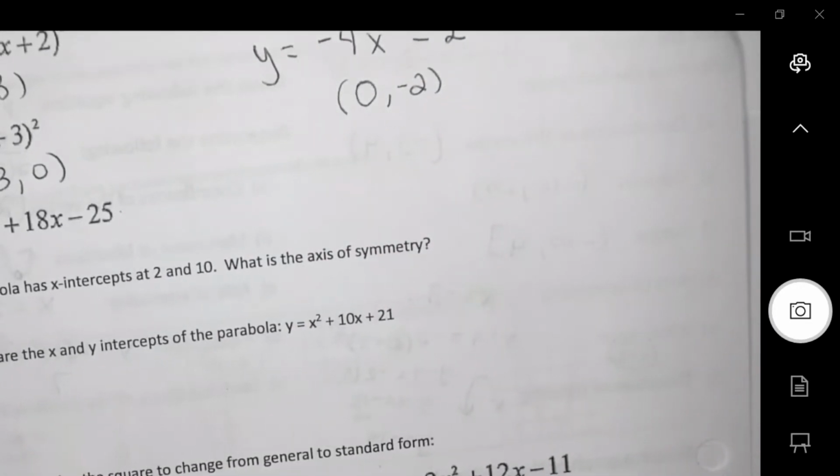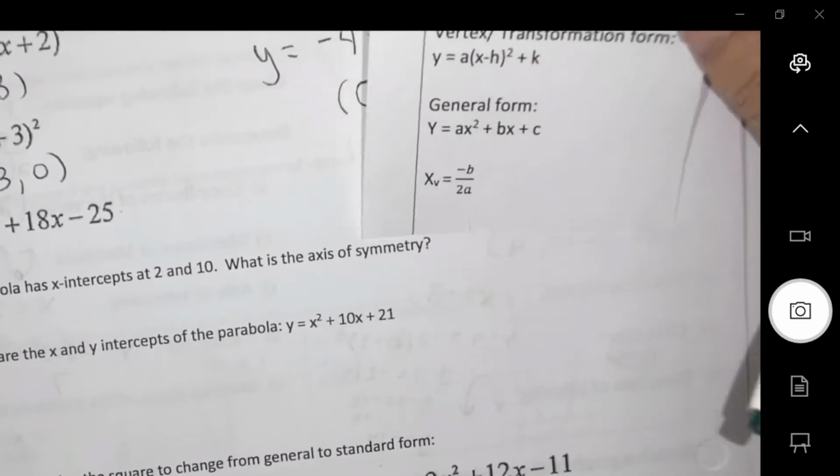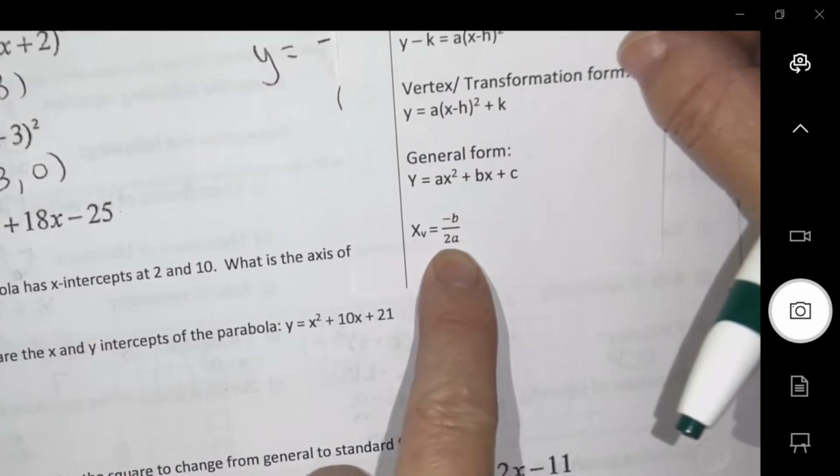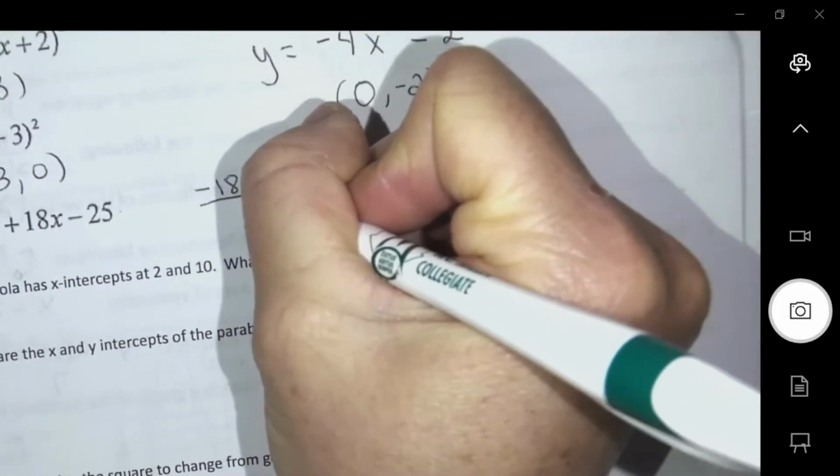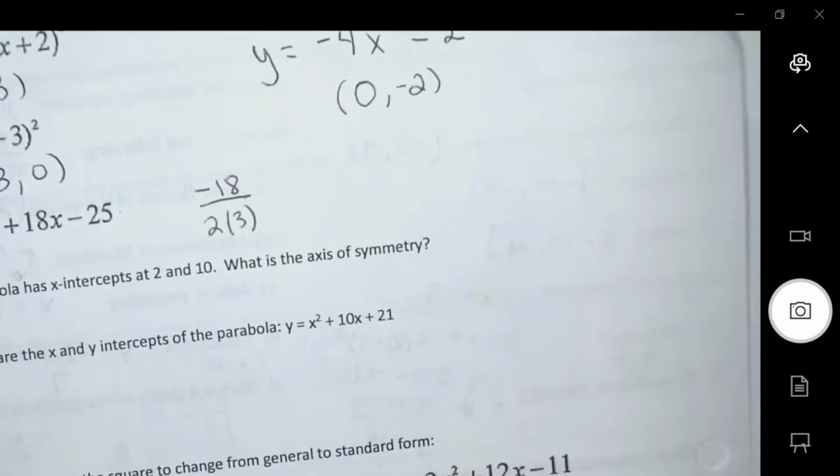And how do I find the vertex here? I'm jumping into the -b, opposite b over 2a.